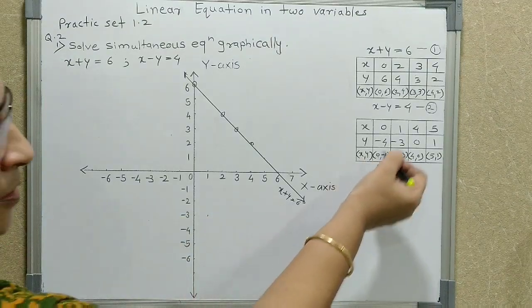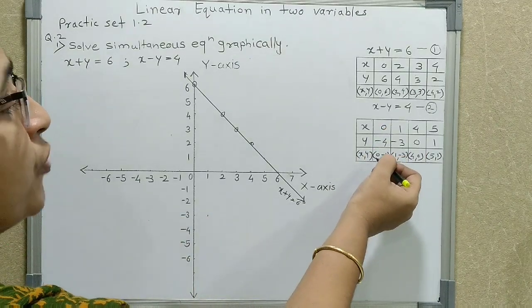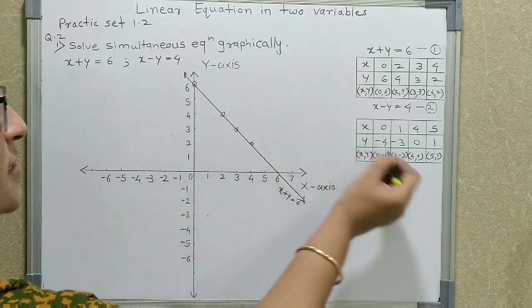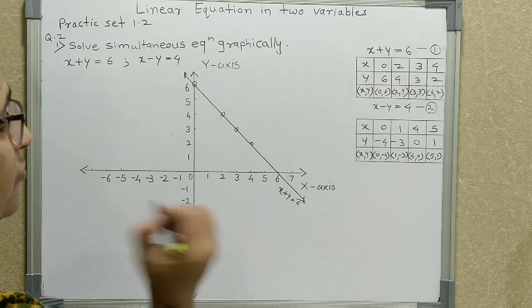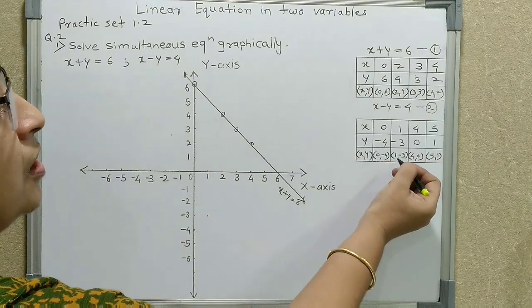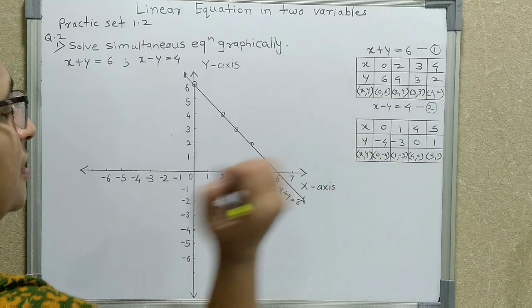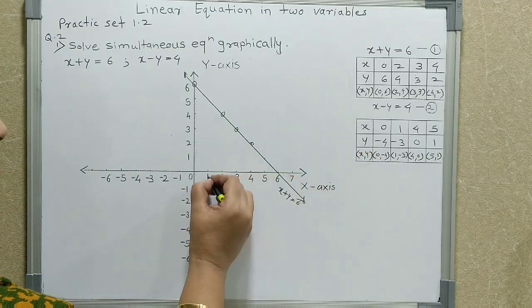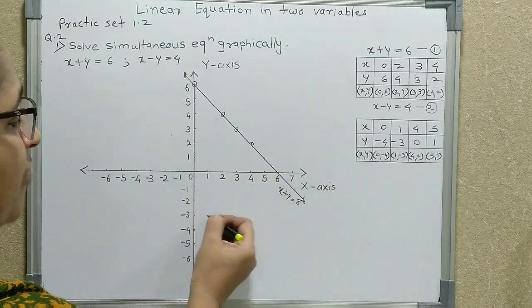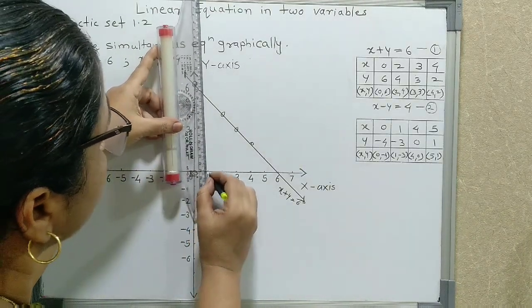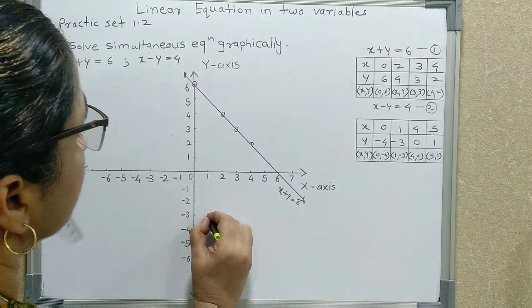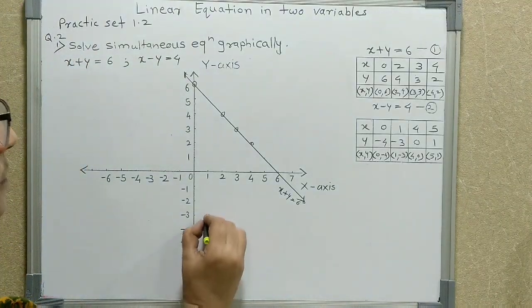Now we see the second equation points. First point (0, -4): 0 on the x-axis and negative 4 on the y-axis. So this is the first point of the second equation. Now (1, -3). 1 is on the x-axis and minus 3 is on the y-axis. This is the second point.